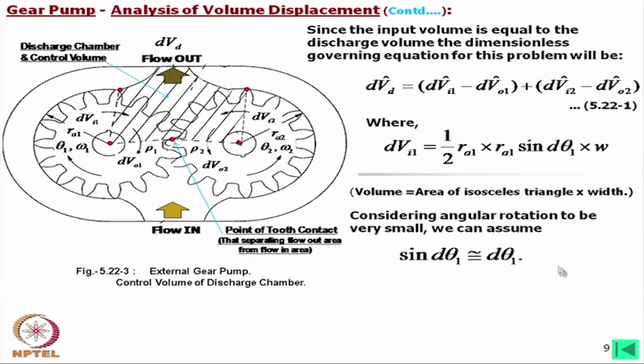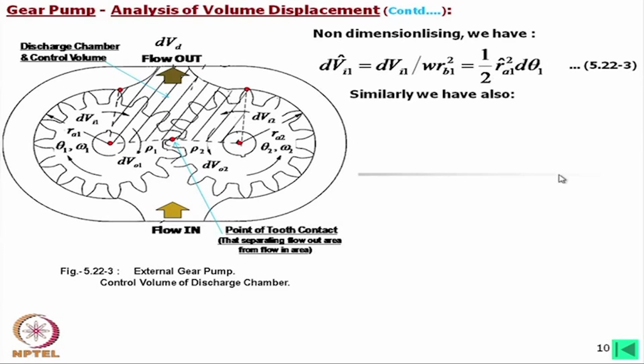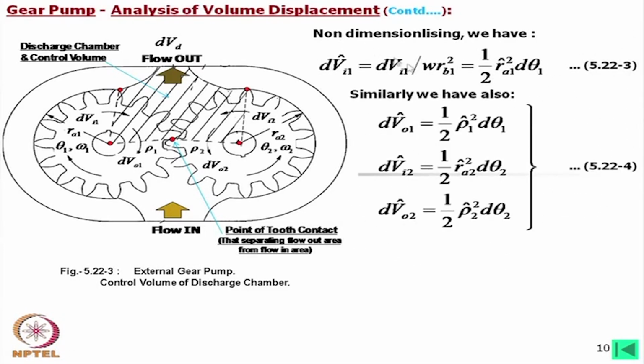Considering angular rotation to be very small, now we can assume sin d theta 1 is equal to d theta 1, and in that case we can express dV_I1 is equal to this much. Now, if we non-dimensionalize this volume, then we will get dV_I1 is equal to half into R_A1 hat square into d theta 1. Similarly, we have also found the relations in the same way.